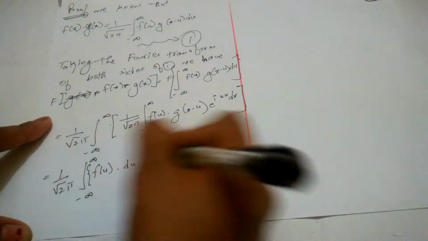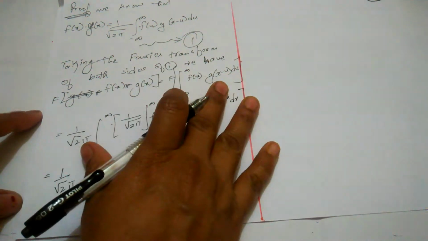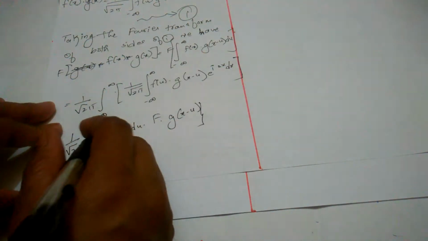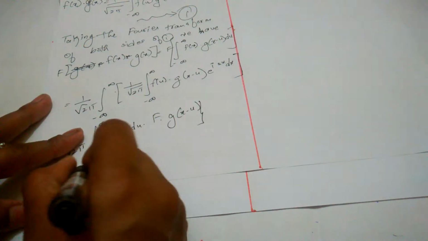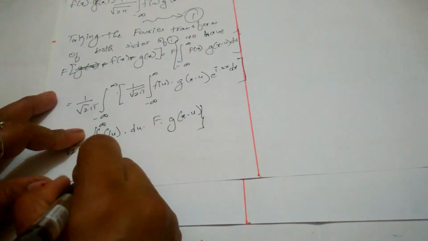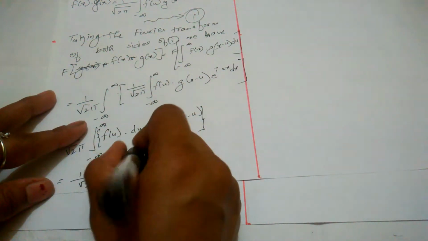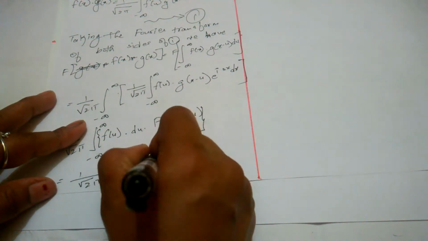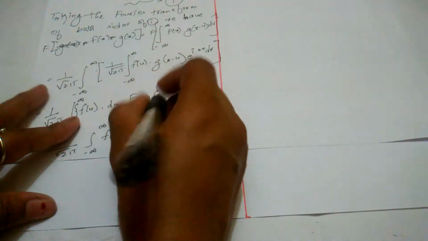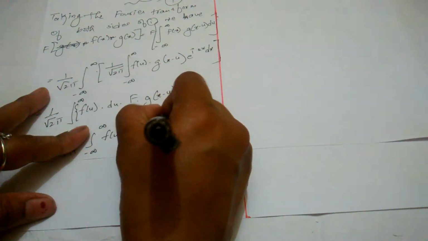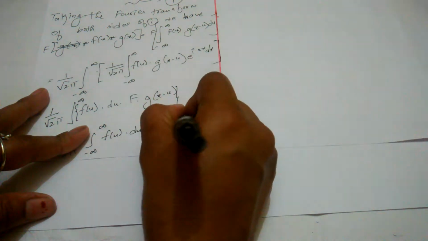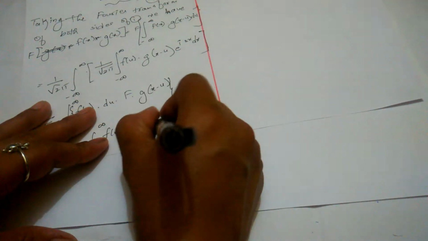Okay, this I'll keep in bracket, else we are getting it as 1 upon square root of 2 pi integral minus infinity to infinity f of u du e raised to i s u g of s. So this we are getting by using the shifting property.